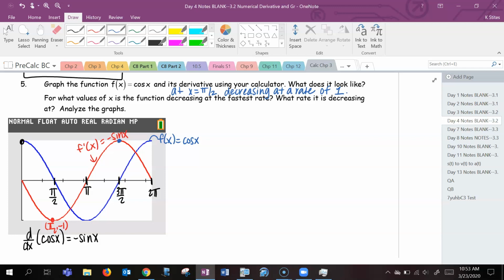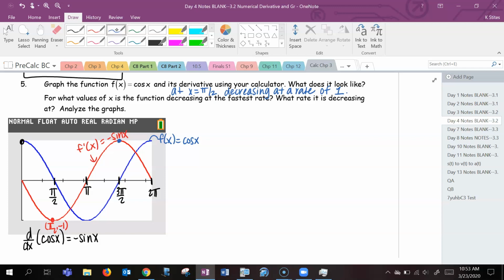Okay. All right, so now let's analyze the graphs. Again, when you do this, you want to talk about how the graph of the original function is represented in the graph of the derivative. So I would talk about where my slope is positive, where my slope is negative, and also where my slope is 0.